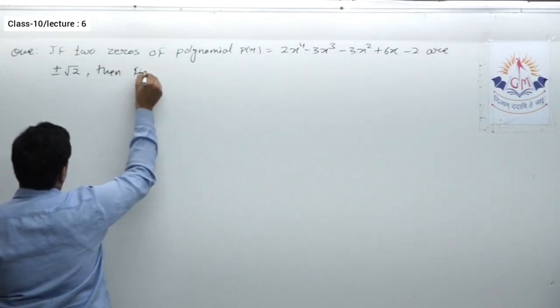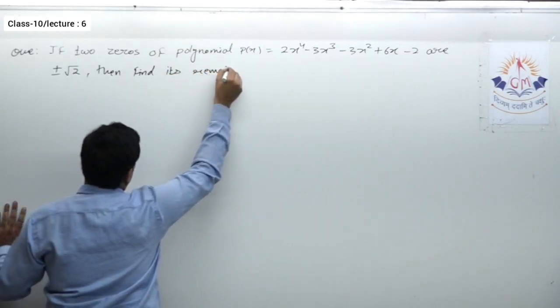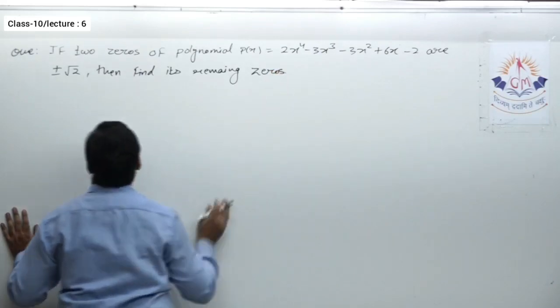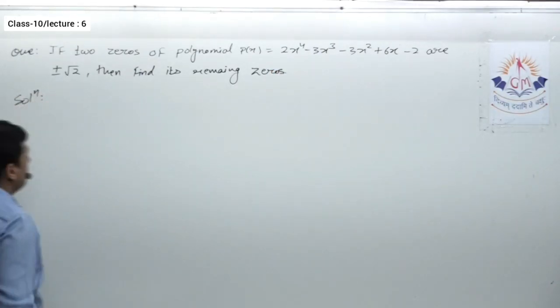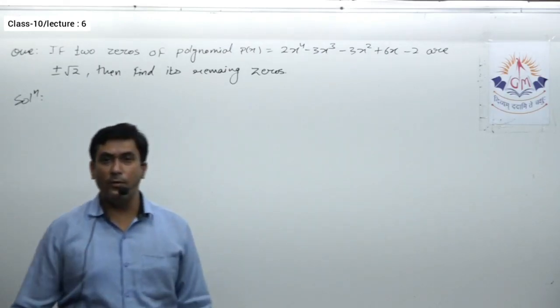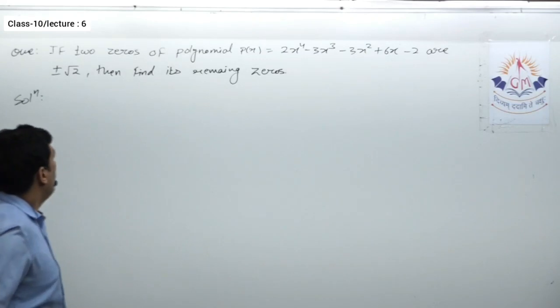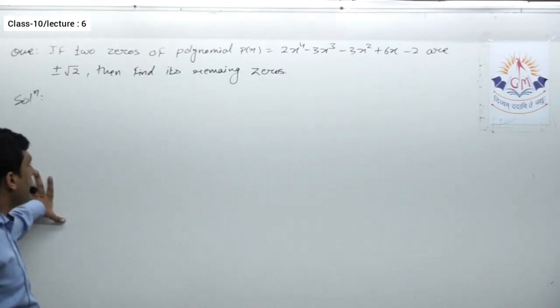Okay, so let us see how to solve this. Here two zeros are given: one zero is +√2, another is -√2. What you have to do is find the remaining zeros.